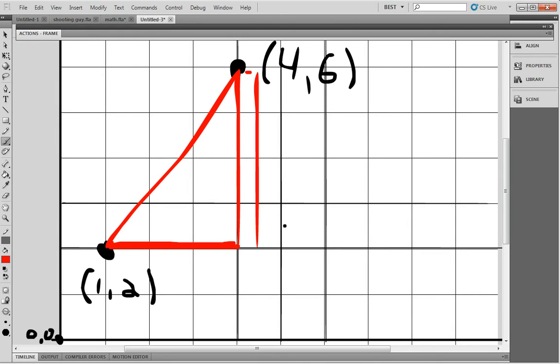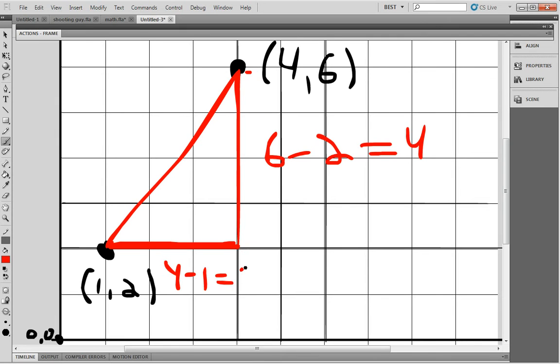If it's 4. No, it's not 4 because it started at 1. Oh, sorry, yeah, it's 4. Okay, so this one is 6 minus 2, which equals 4, and this one is 4 minus 1, which equals 3. You're okay with that?